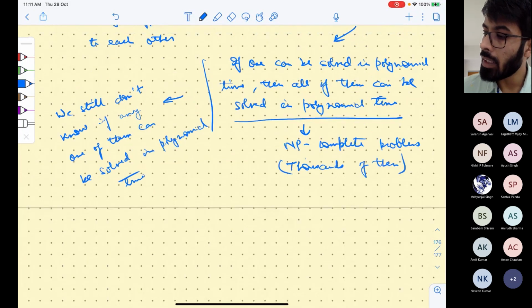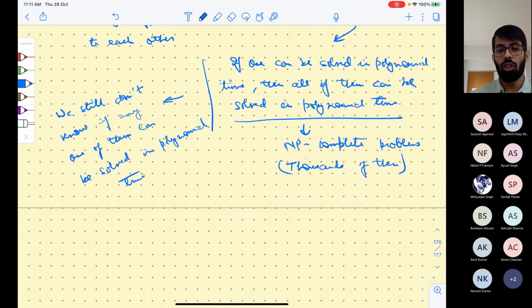But since we are saying that if one can be solved in polynomial time, then all of them can be, does a polynomial time algorithm exist? This question is going to have the same answer for all the problems in this set, for all the NP-complete problems. So either all the NP-complete problems don't have a polynomial time algorithm, or all of them have a polynomial time algorithm.